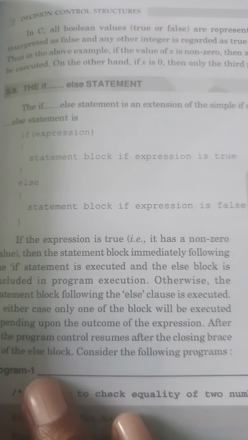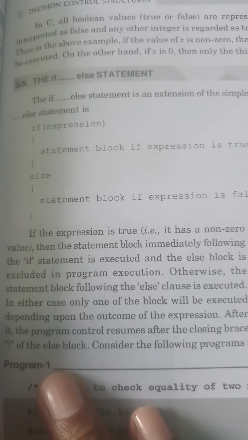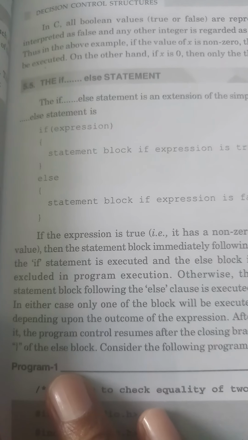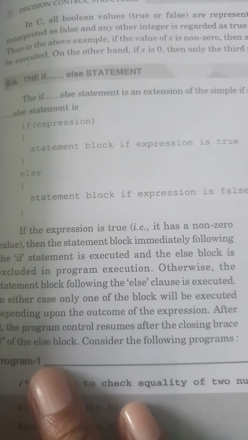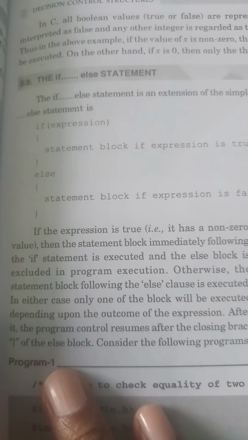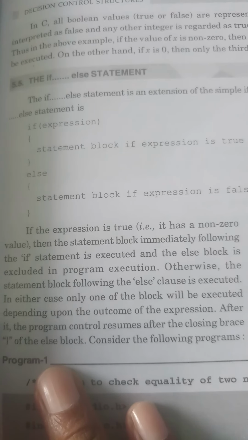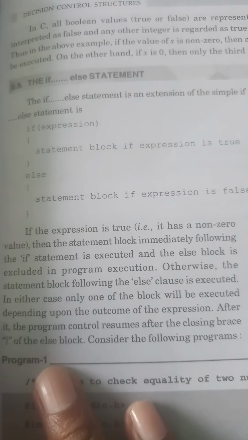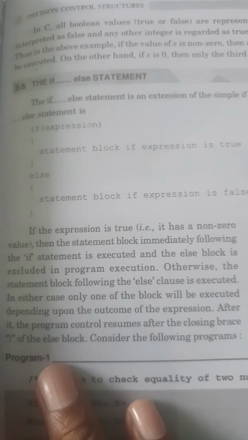If the expression is true, that is it has a non-zero value, then the statement block immediately following the if statement is executed and the else statement is excluded in program execution. Otherwise the statement block following the else clause is executed.